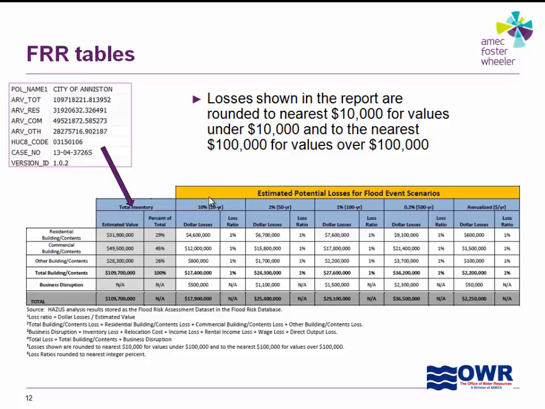And here's the rounding I was telling you about. Losses are shown to the nearest 10,000 if under 100,000, and then to the nearest 100,000 once over 100,000.